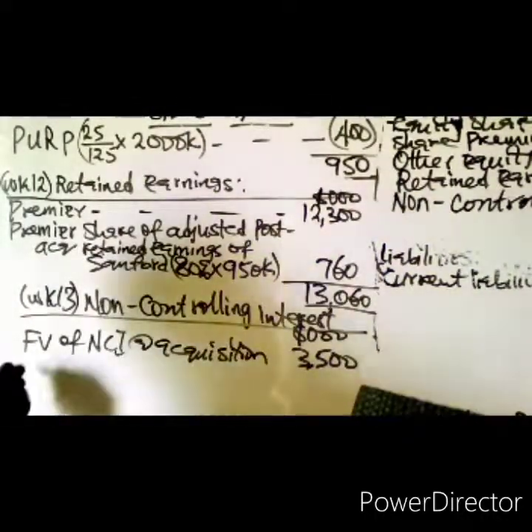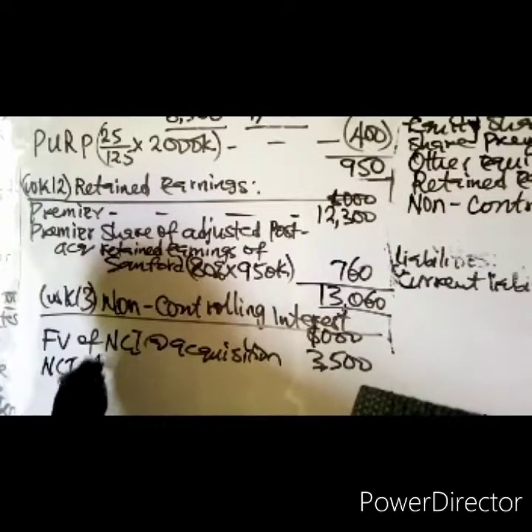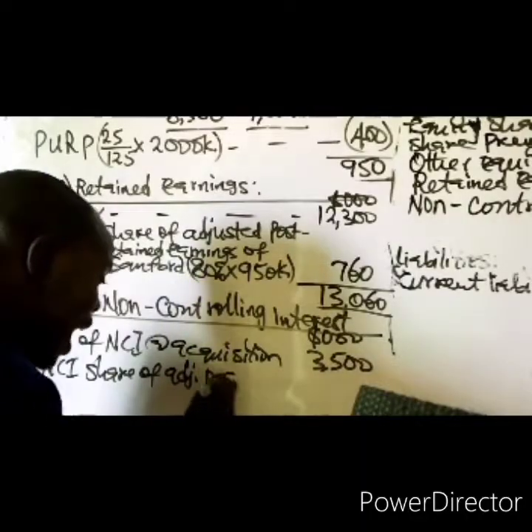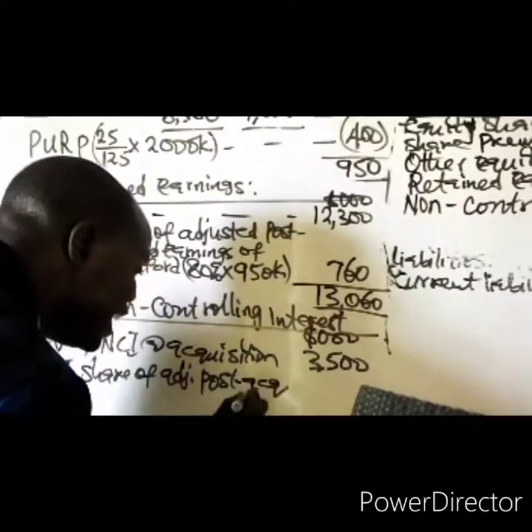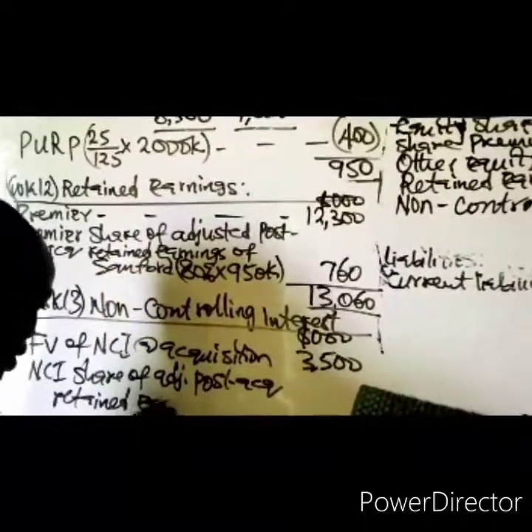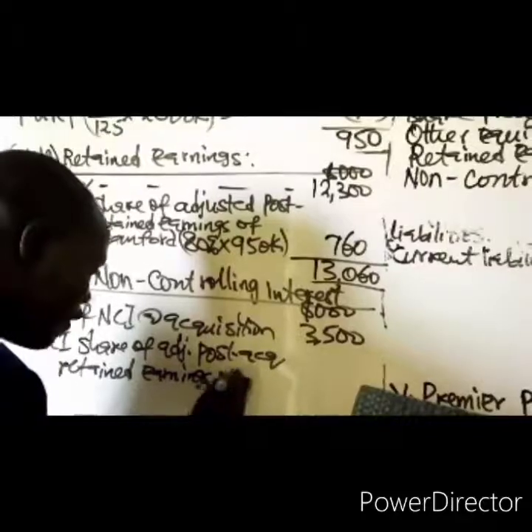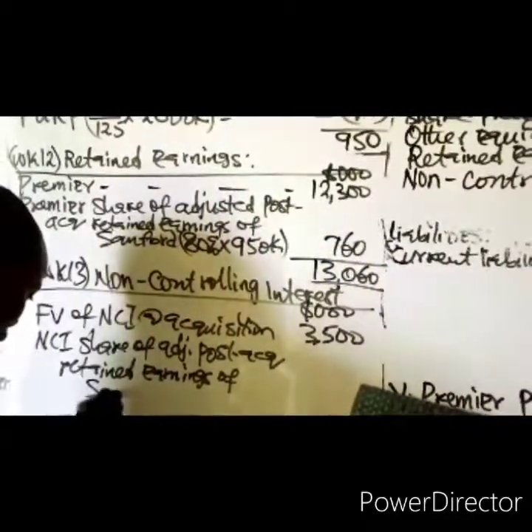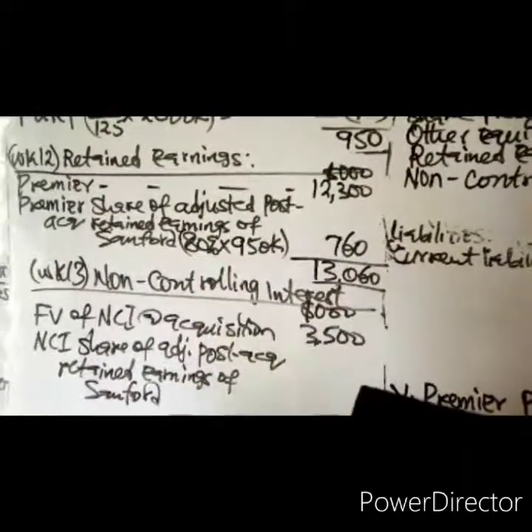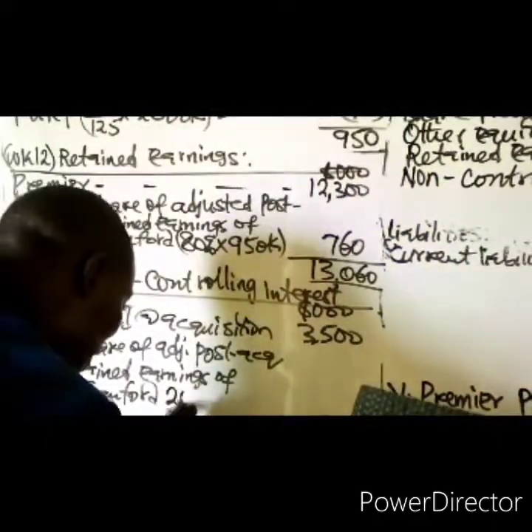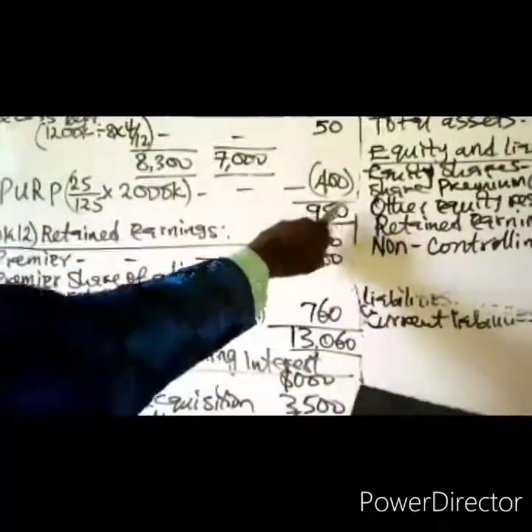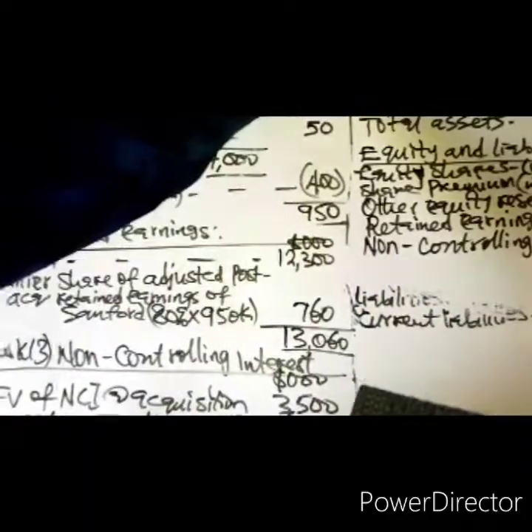Then followed by NCI share of adjusted post acquisition retained earnings of subsidiary, that is Sanford. Remember, what parent acquired in Sanford is 80%. That means the remaining 20% will be attributable to non-controlling interest. 20% of the adjusted post-acquisition profit.